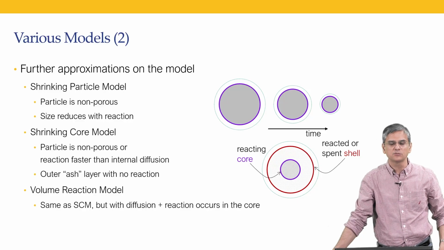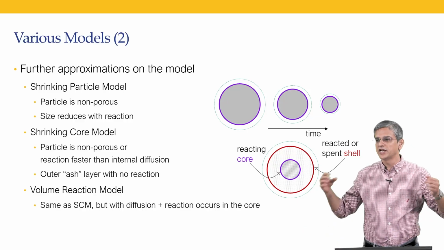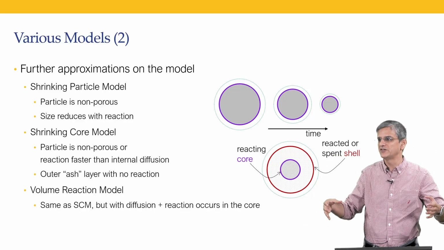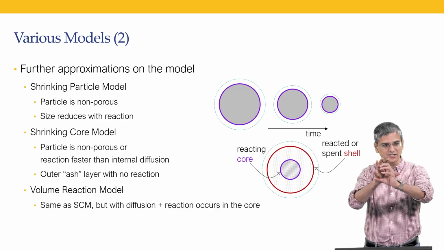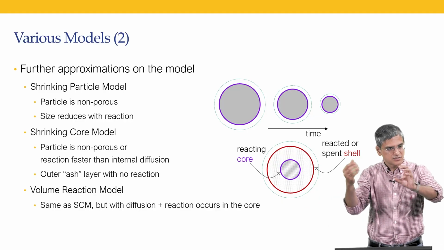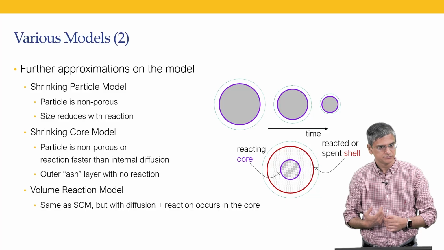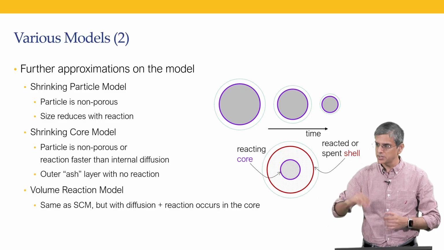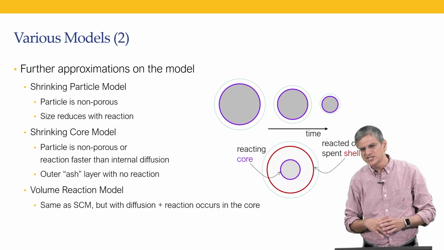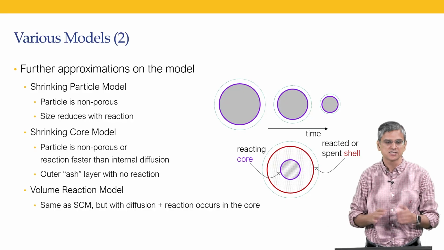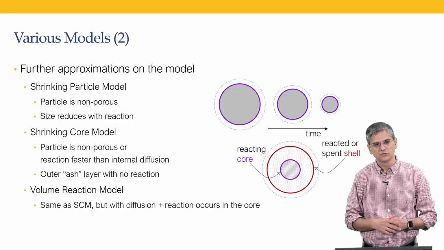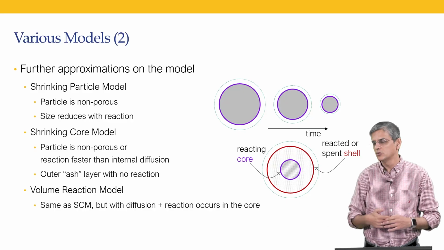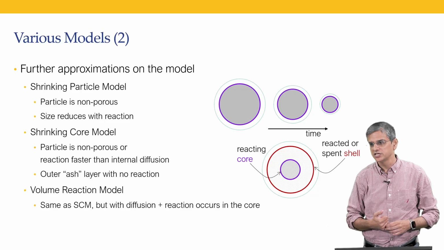And the volume reaction model is where the rate of diffusion is very fast, so the entire pellet is reacting uniformly. Okay, these are the three ideal cases that we will look at. That should equip you to handle any of the other cases.